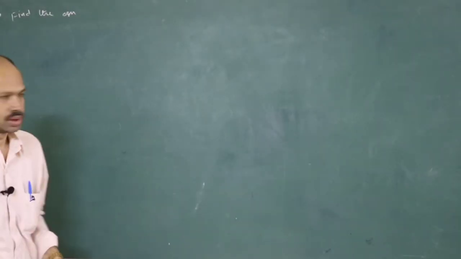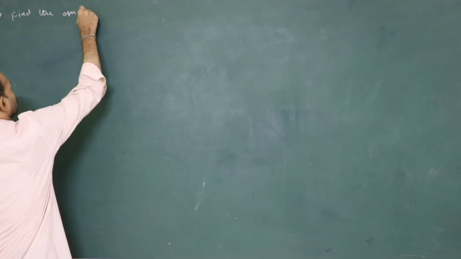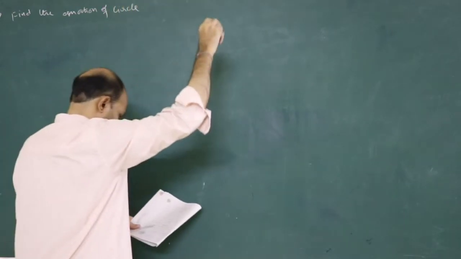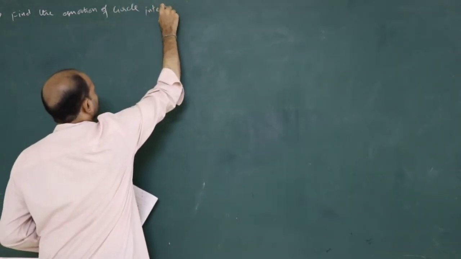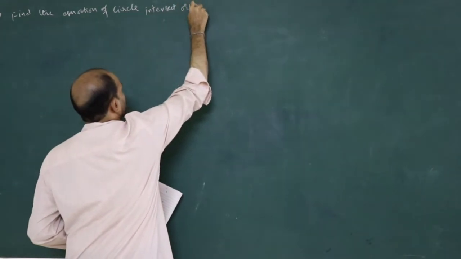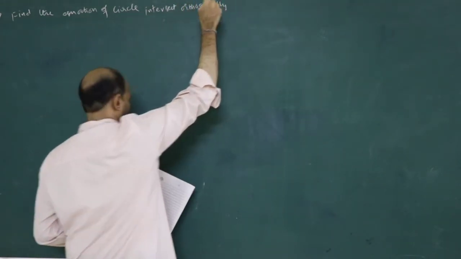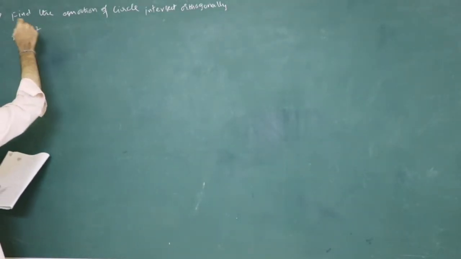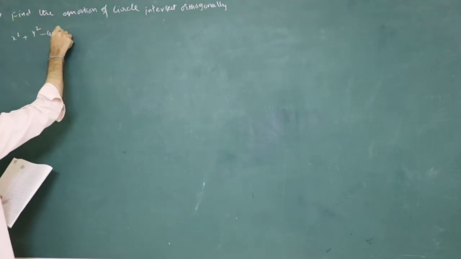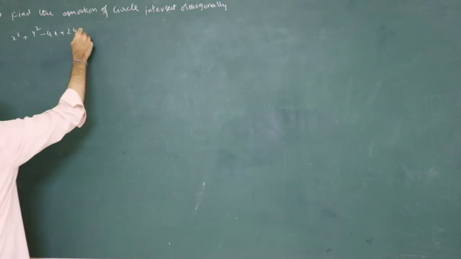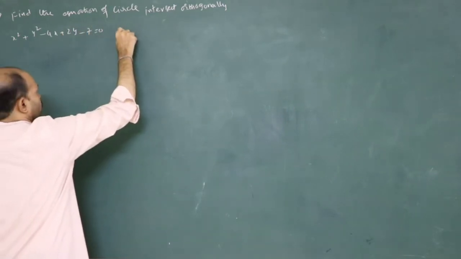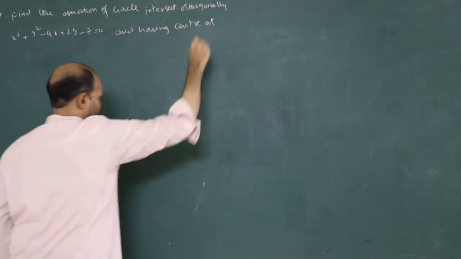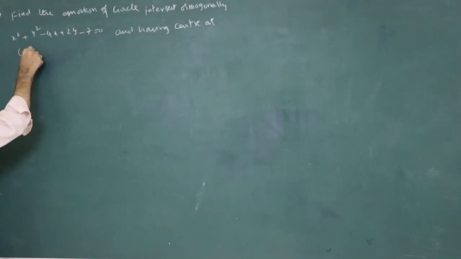To the next problem. Find the equation of circle that intersects orthogonally the circle x square plus y square minus 4x plus 2y minus 7 is equal to 0 and having center at (2, 3).